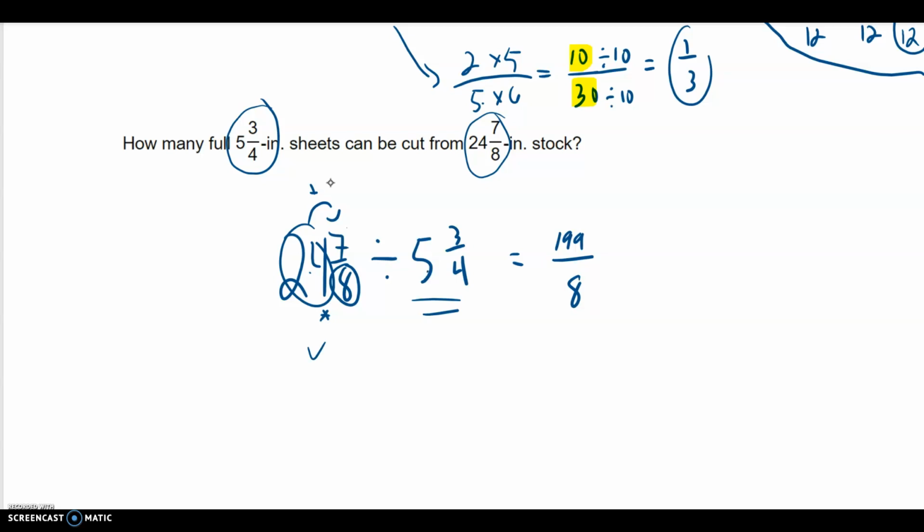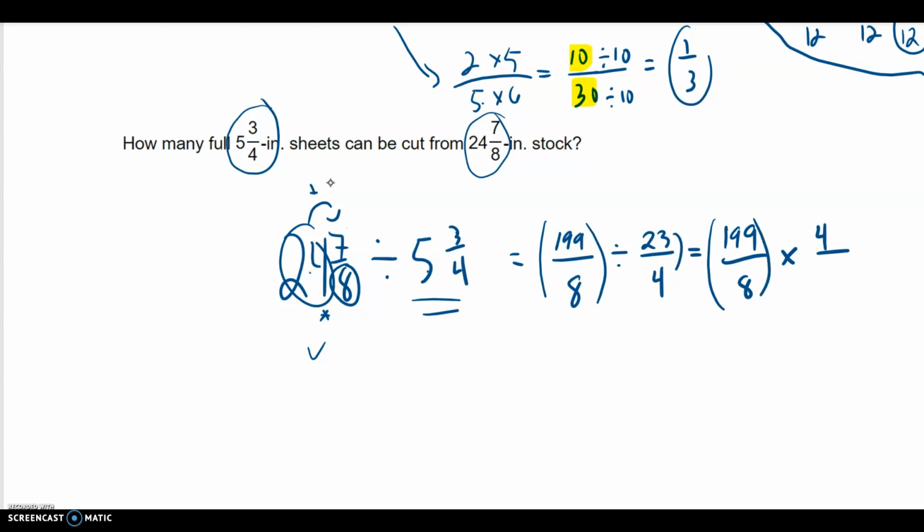And we do 4 times 5 is 20, plus 3 is 23. Now, here's a new rule for you. Whenever I divide by a fraction, it's the same as multiplying by the reciprocal. So I leave the first guy as is, and I flip the second one around and change it to multiplication.